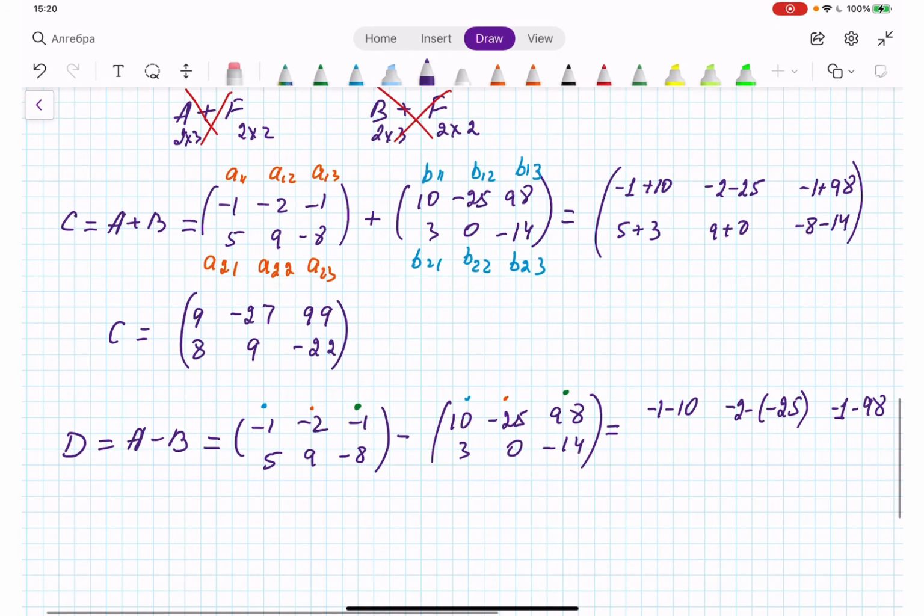Okay, next. 5 minus 3. Next, it's going to be 9 minus 0. And negative 8 minus negative 14.